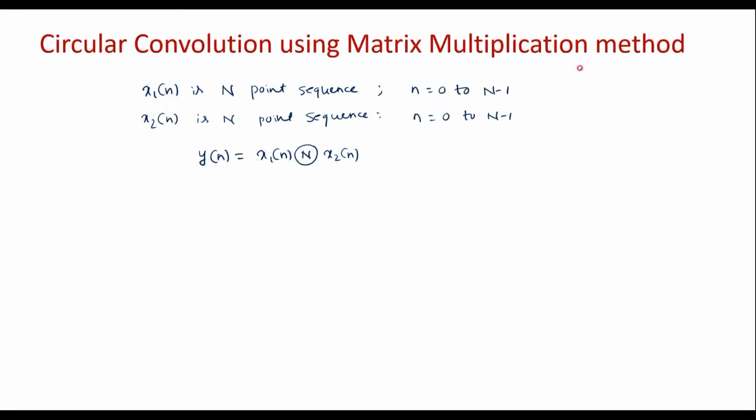So in the matrix multiplication method, the first column is y of n, that is y of 0, y of 1, y of 2, up to y of N minus 1. This is the output matrix column.